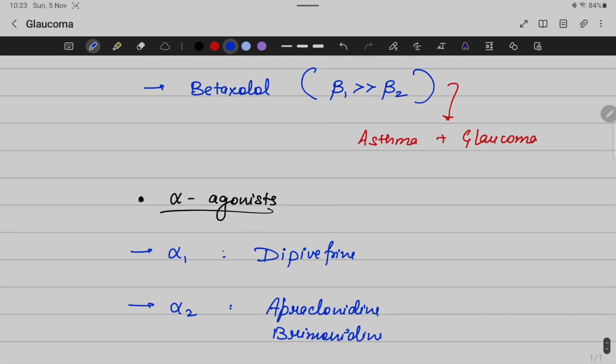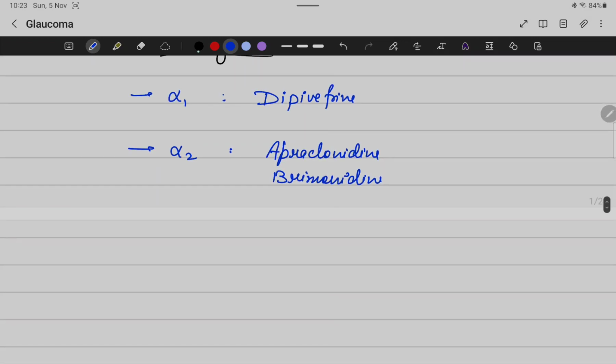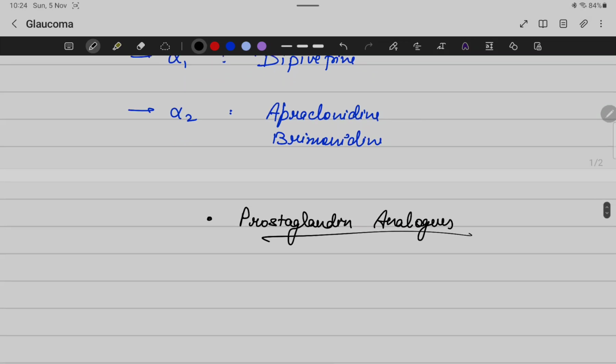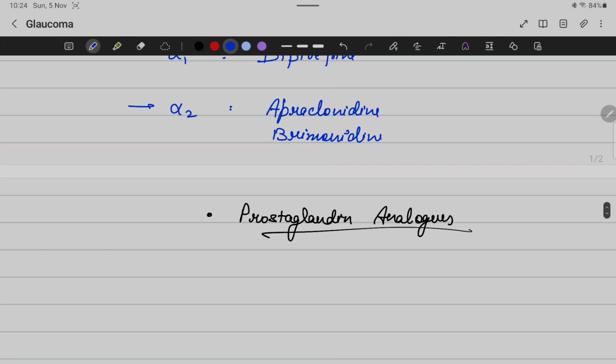Okay, then I told you about this PGF2 alpha. So we can use prostaglandin analogs. These are basically PGF2 alpha analogs.